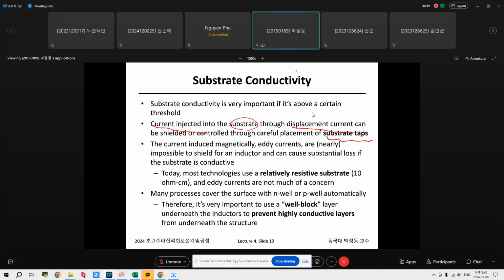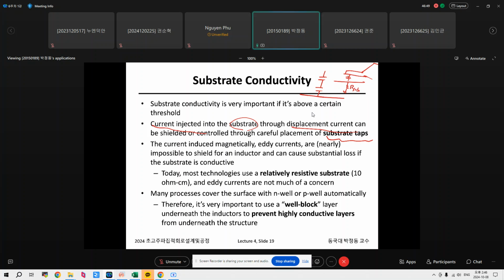What it means is, let's say this is a substrate, and this is a main structure, and there exists a stray cap, and this is a very lossy substrate.